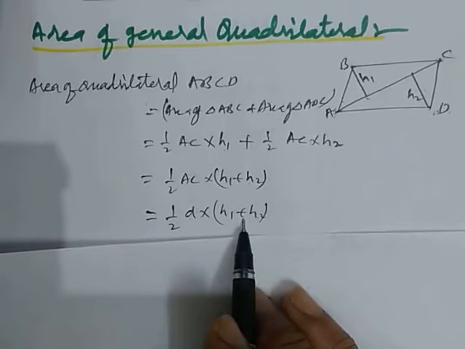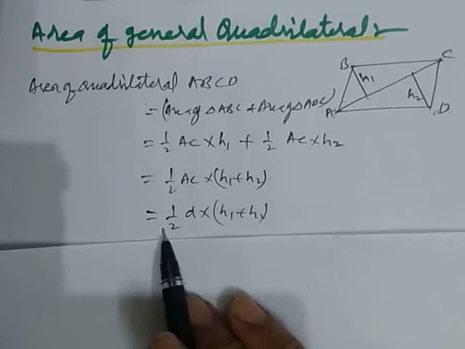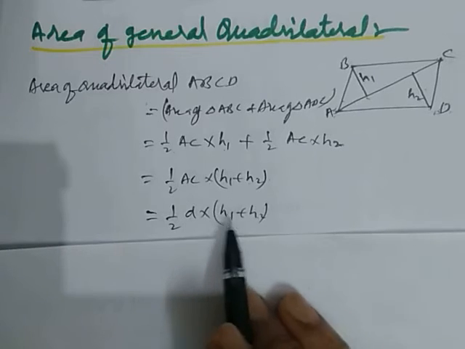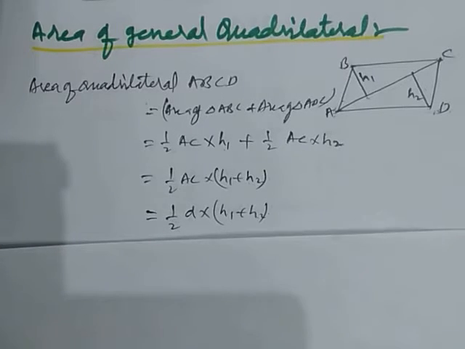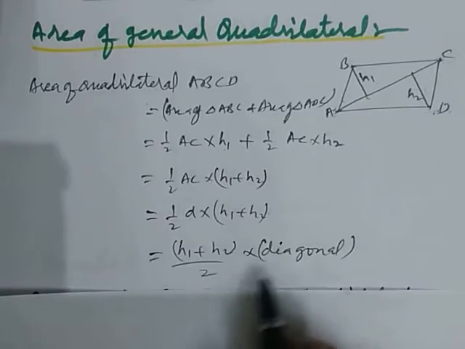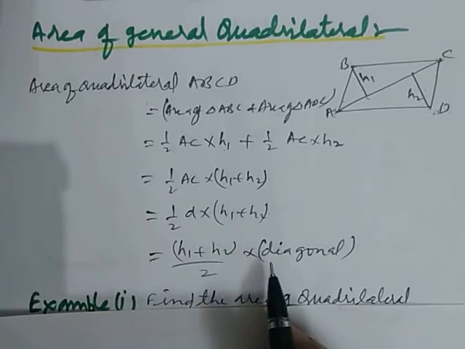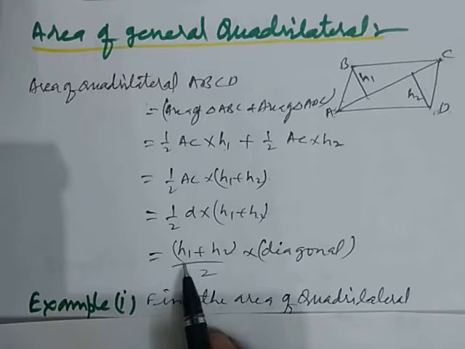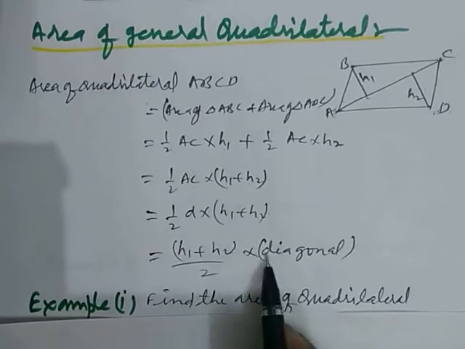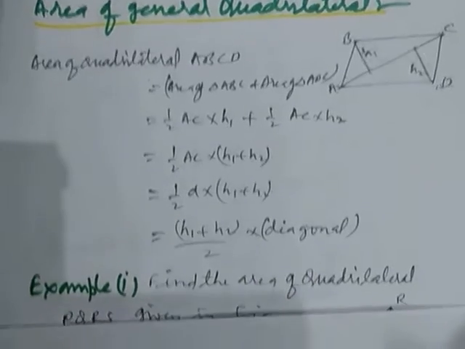This is the formula: half of diagonal into (h1 plus h2). This way we can find the area of a general quadrilateral: (h1 plus h2) by 2 into diagonal. Now we solve an example.